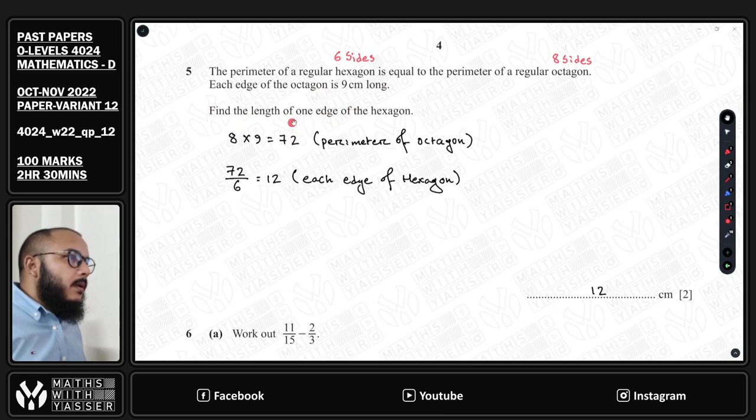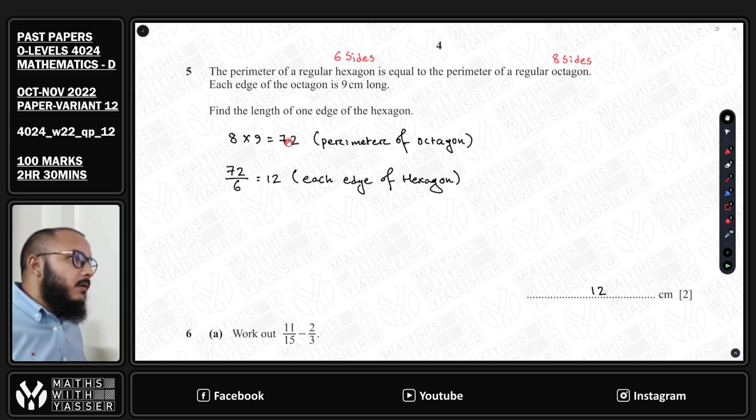So we need to find the length of one particular side of the hexagon, and we are provided with the length of each side of the octagon, which is 9 centimeters. Since the octagon has 8 sides, the total length or the perimeter of the octagon will be 8 times 9, which is 72.